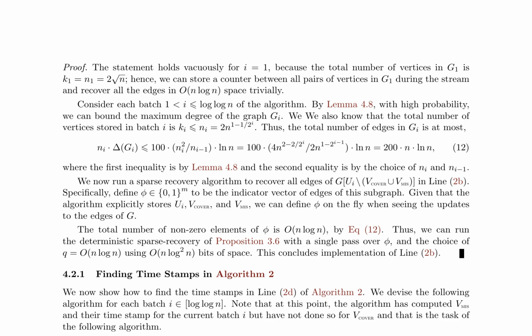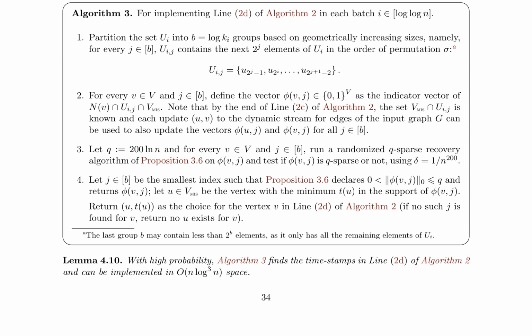Algorithm 3 is introduced to find the timestamps in line 2d of algorithm 2. This algorithm partitions the set (ui) into groups based on geometrically increasing sizes and defines indicator vectors (phi, v, j) for each vertex (v) and group (j). A randomized (q) sparse recovery algorithm is then used to test if (phi, v, j) is (q) sparse or not.